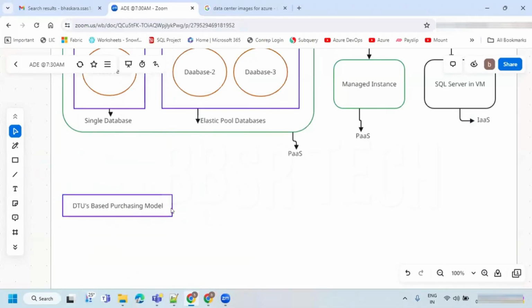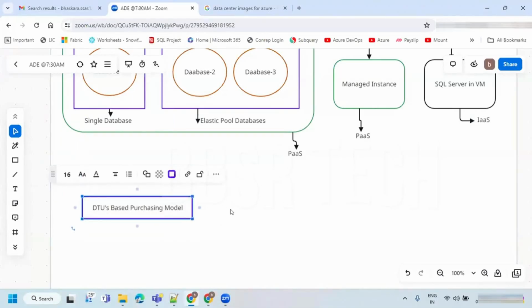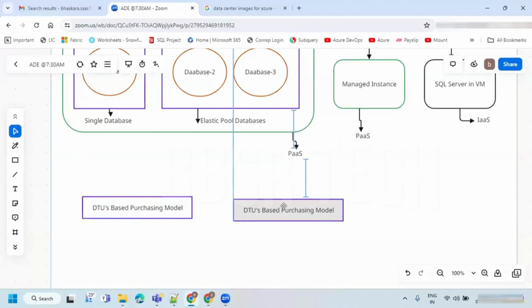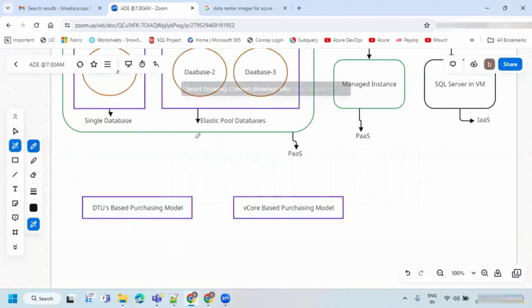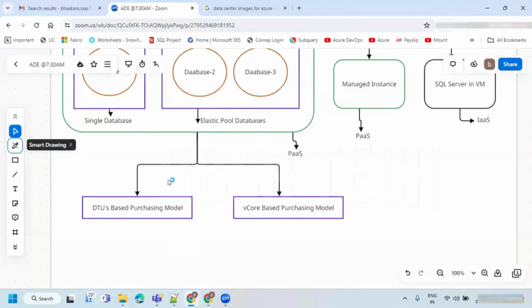One is DTUs based purchasing model, and second is vCore based purchasing model. So if you want to take the databases from the Microsoft Azure, we have two different types of purchasing models. One is a DTUs based purchasing model, another is vCore based purchasing model.